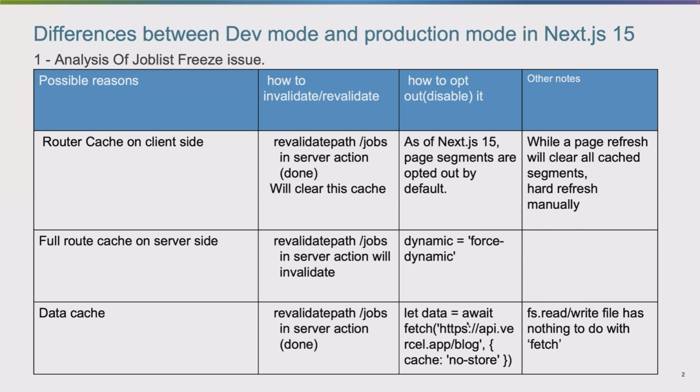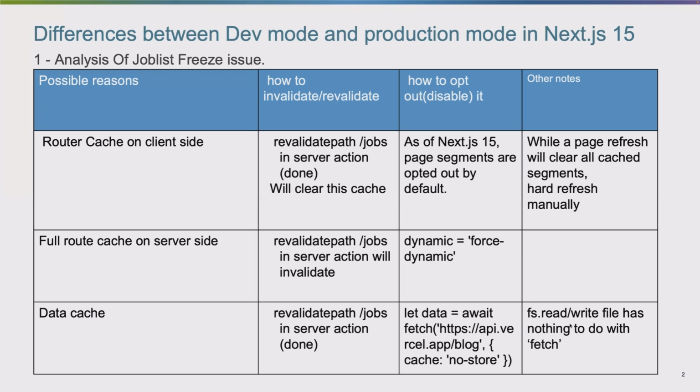If you use fetch to fetch from some API, the result or return value of the fetch will be cached in the data cache. So if you want to revalidate that data, you have to use revalidatePath on your route in your server action. Or if you include the fetch in your server action, you need to use this.